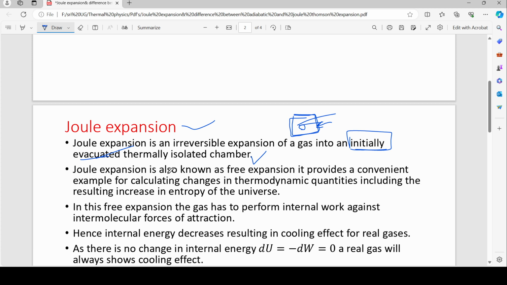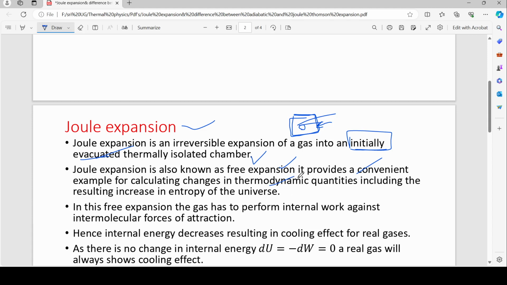Joule expansion is also known as free expansion. It provides a convenient example for calculating changes in thermodynamic quantities.